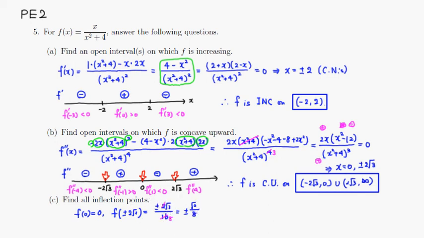So we have 3 inflection points. The first one is at 0, 0. The other two would be plus or minus 2 square root of 3, and then plus or minus square root of 3 over 8.